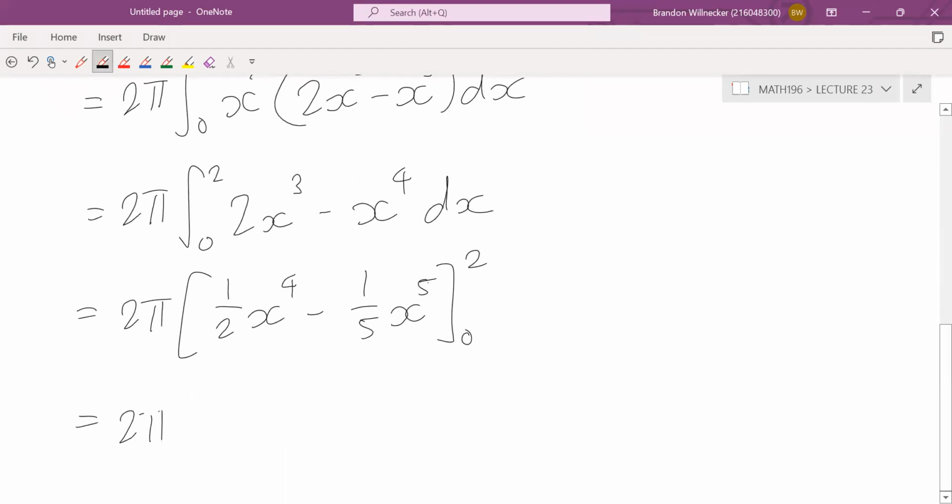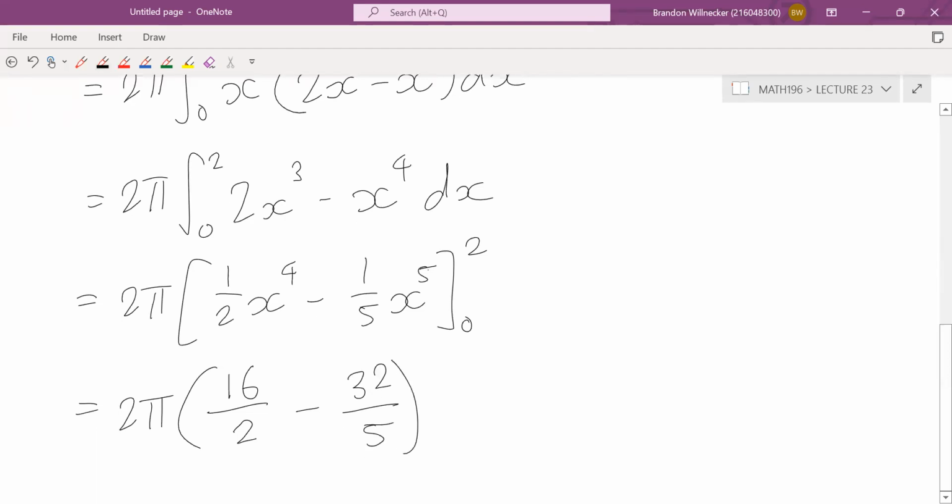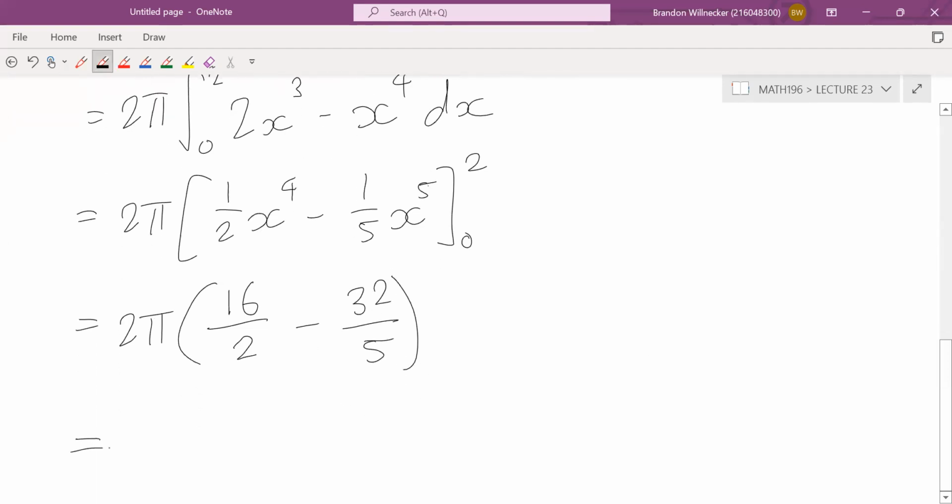So that's going to be 2 pi. 2 to the 4, that's going to be 16 over 2. 2 to the 5, that's 32 over 5. Okay, and then subtracting these, we end up with 16 pi over 5. And again, it's a volume, so if you want to, you can write units cubed.